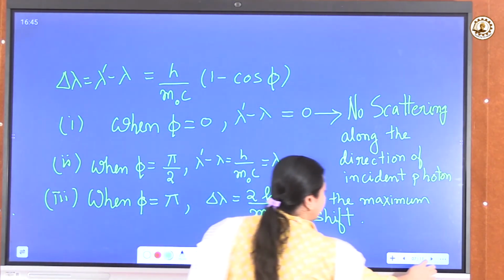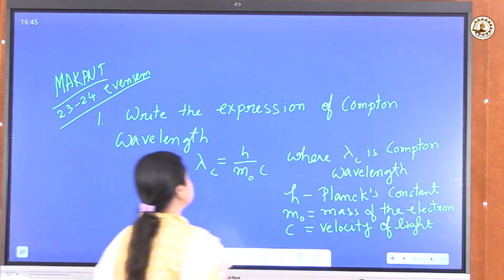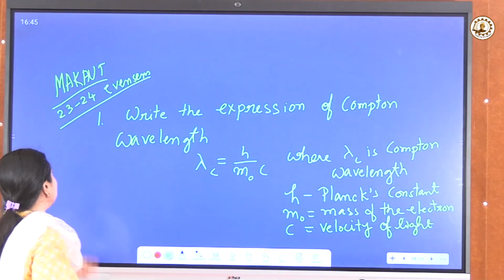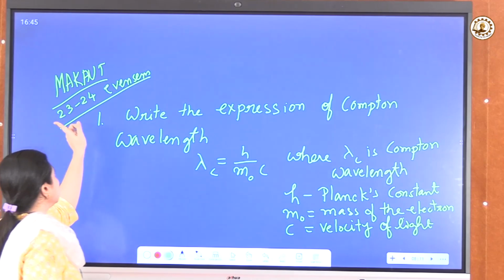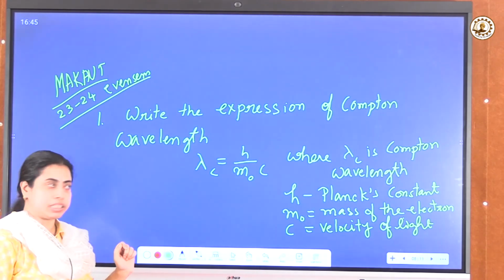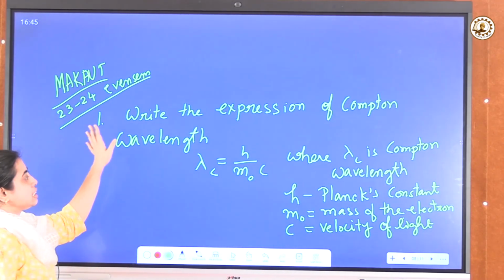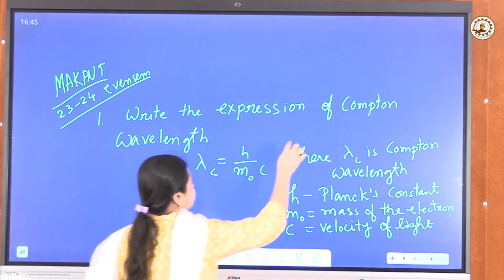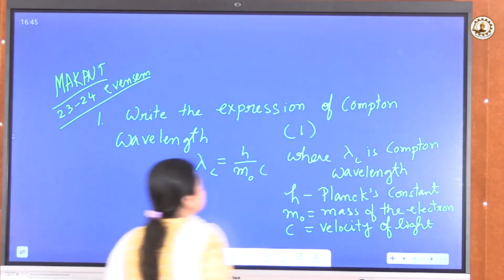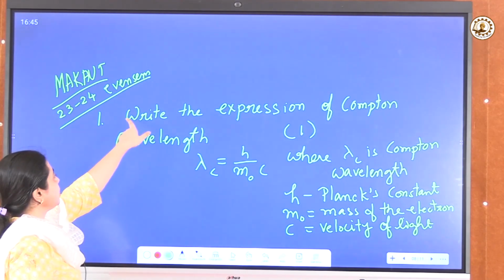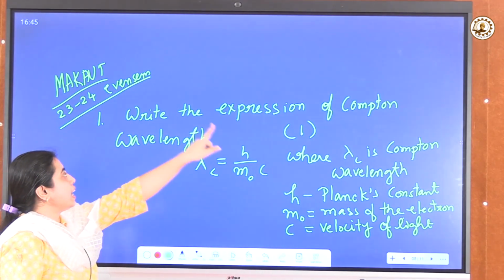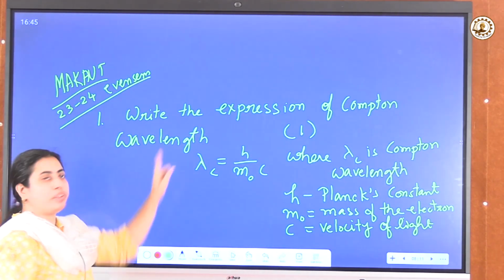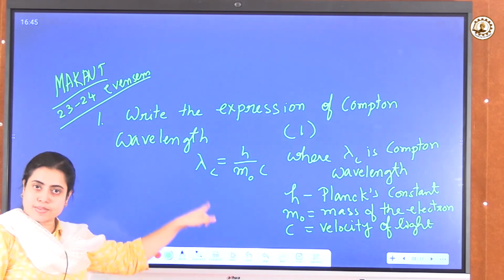Based on that, let us look at some problems which came in MAKAUT 2023-24 even semester. It is a 1 mark question. It says, write the expression of Compton wavelength. Already you have seen the answer.